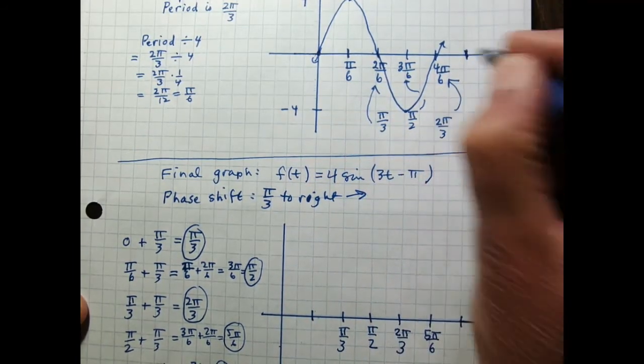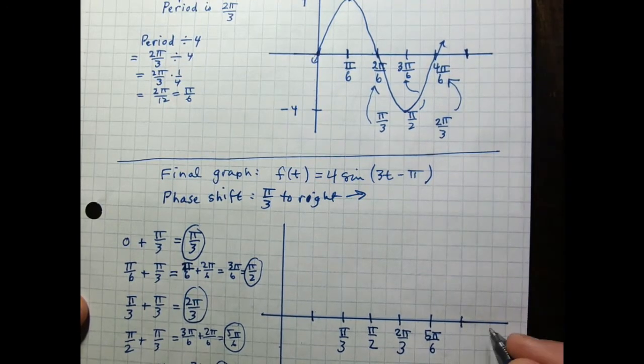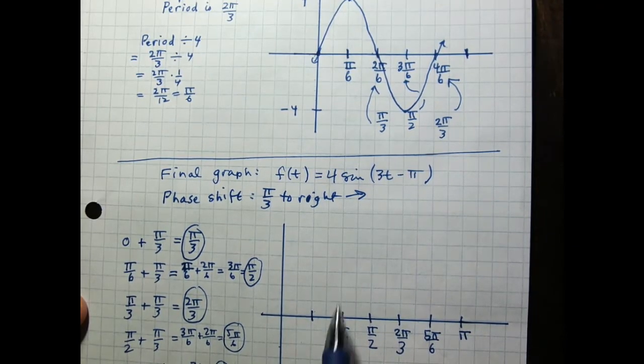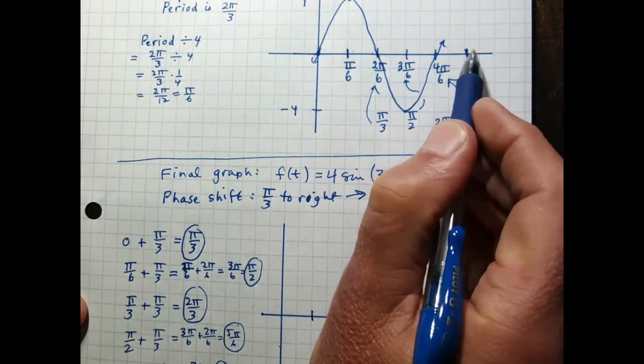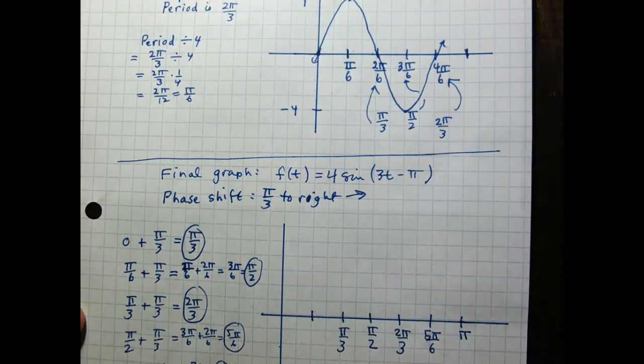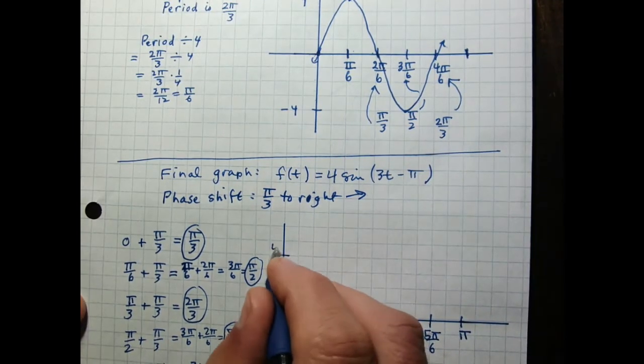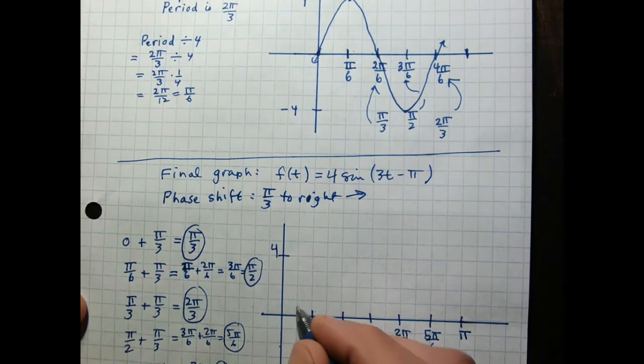Next would be 5 pi over 6. And then 6 pi over 6 would come next, which is just pi. So those new labelings, really, I'm just jumping one tick mark over from that preliminary graph. And mark 4 and -4.